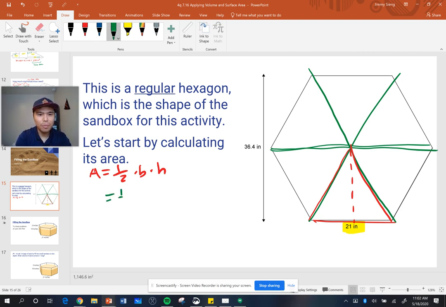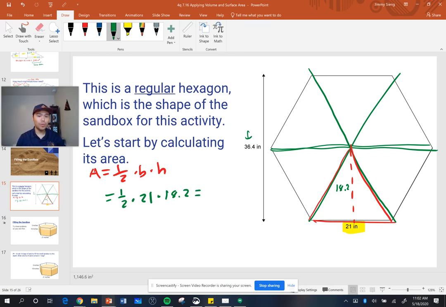So this is equal to 1/2 times 21. Now you got to think about what the height is going to be. Well, if you look here, that's 36.4. Looks like it's getting cut in half. So I can say my height for this triangle is going to be half of 36.4, which is 18.2. All right. So my area of this triangle is 1/2 times 21 times 18.2.